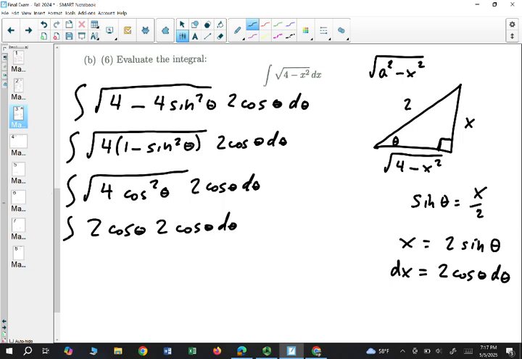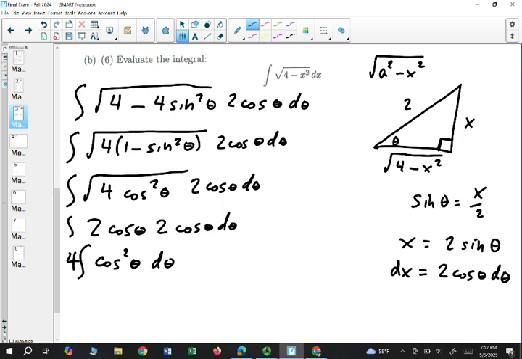So we have 4 cosine squared. What I'll go ahead and do is pull the 4 outside. Right, it's a coefficient. So I'll have 4 cosine squared theta d theta.